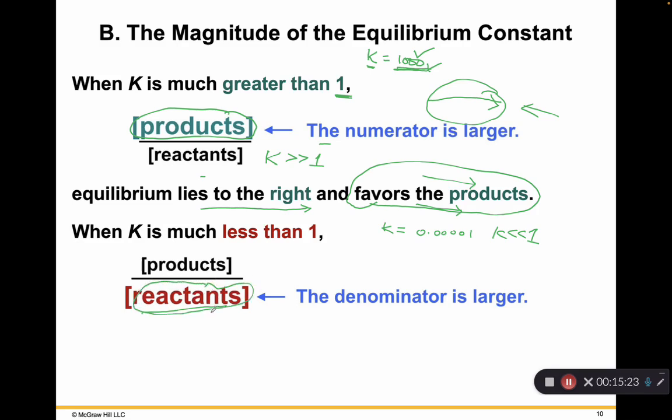So what do we understand? We understand that for this particular case, where K is much less than 1, for that reaction, we have reactants that will be much more than the product, right?